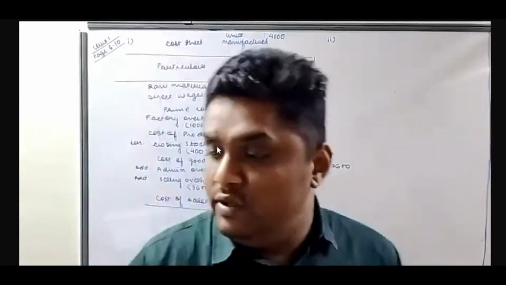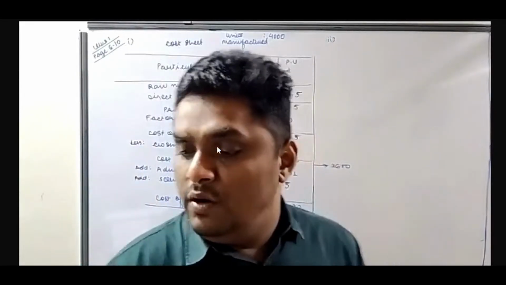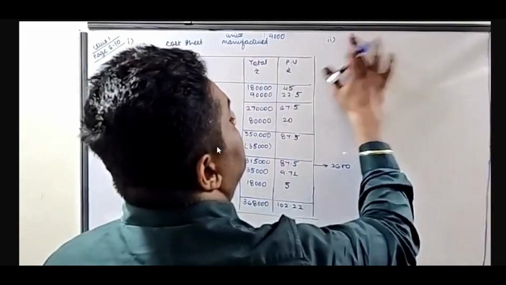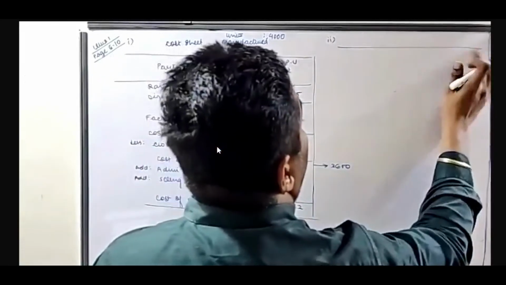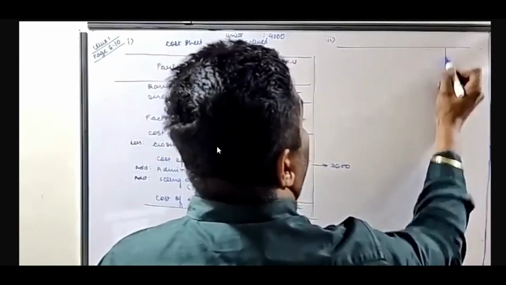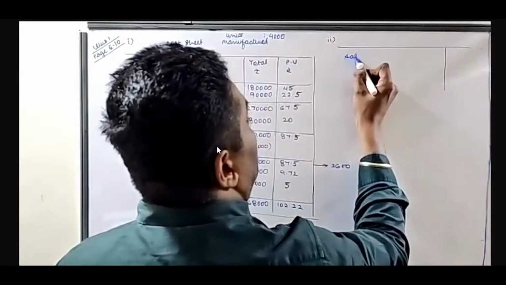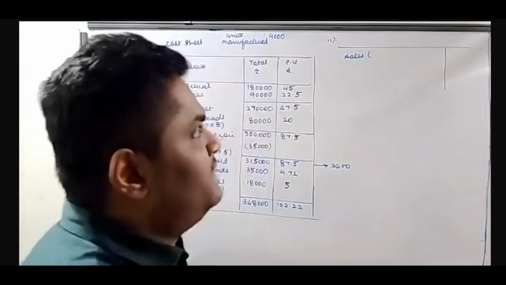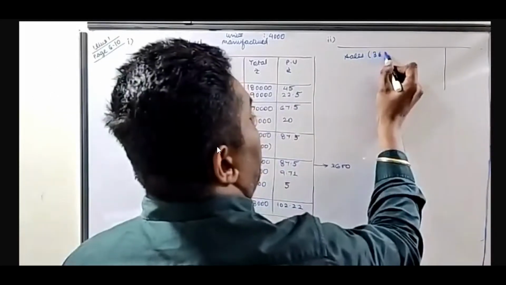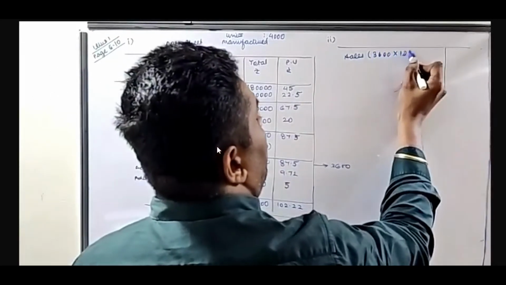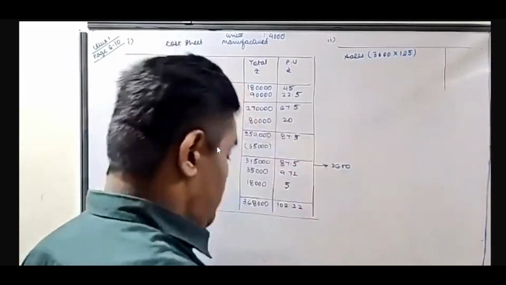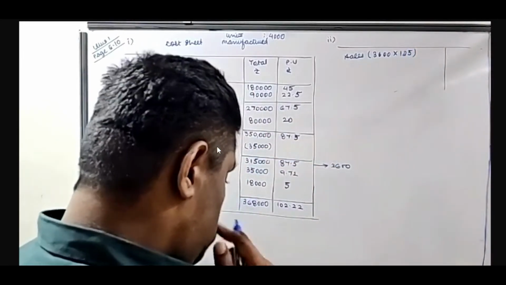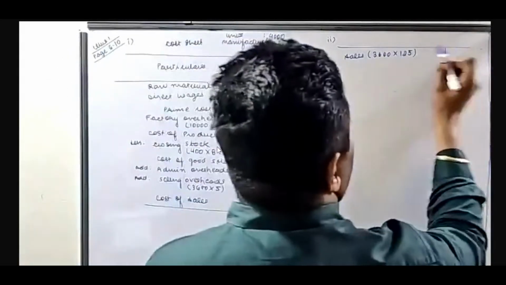Now the second part, the question is asking us to calculate the profit for the month. The selling value is given, that is 125 is the selling price. So this is 4,50,000.